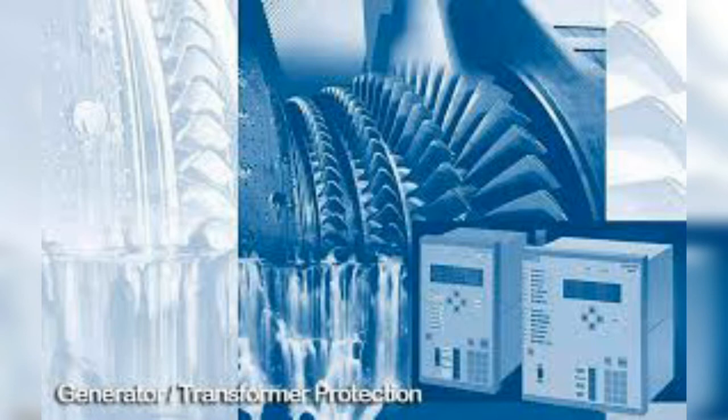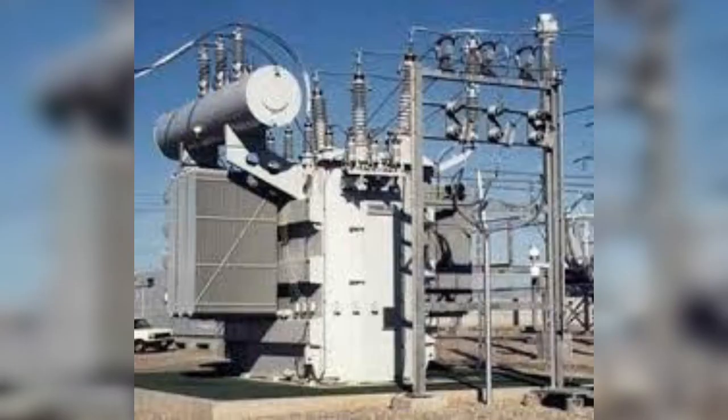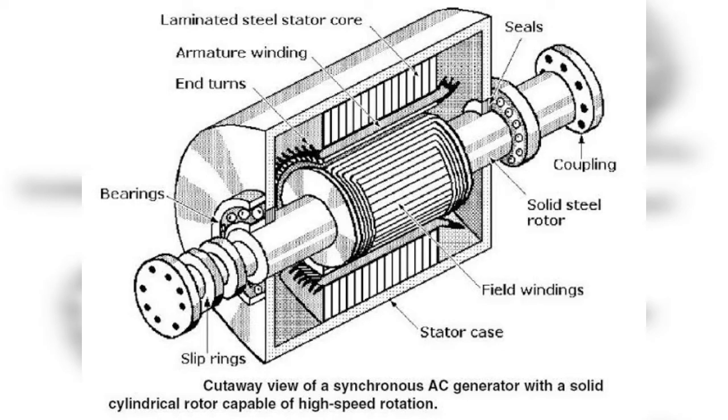This form of protection becomes essential for all large generating units. It means the insulation between the stator and the core winding. This protection is called insulation protection.